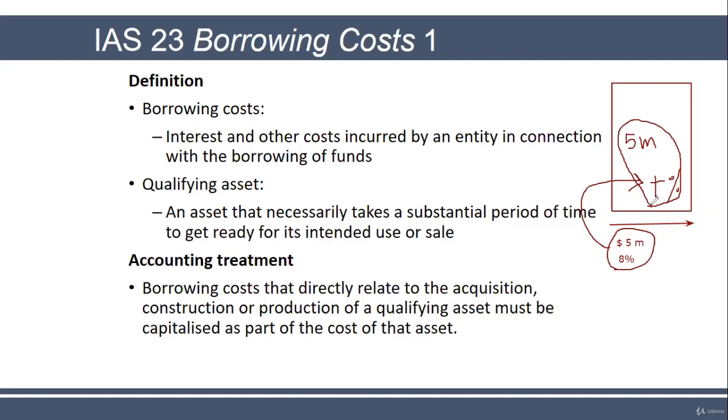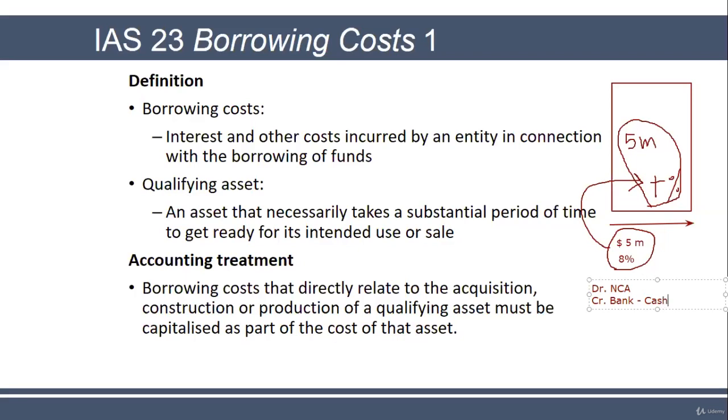So this interest you do not take to the income statement. You don't call it interest expense. You consider it as your tangible non-current asset, or intangible, whatever. When you pay interest, you would say debit non-current asset, and credit bank or cash.